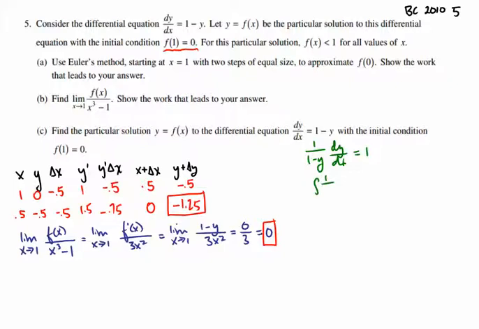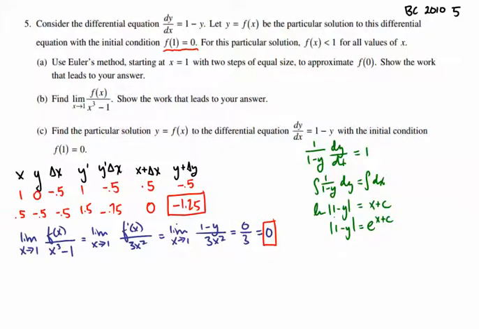We get the integral of 1 over 1 minus y dy is equal to the integral of dx. Integrate both sides. Get the natural log of the absolute value of 1 minus y is equal to x plus c. And exponentiating both sides, we get the absolute value of 1 minus y is equal to e to the x plus c.